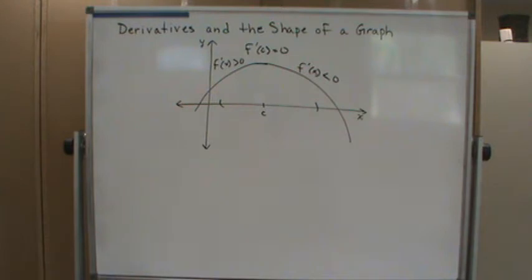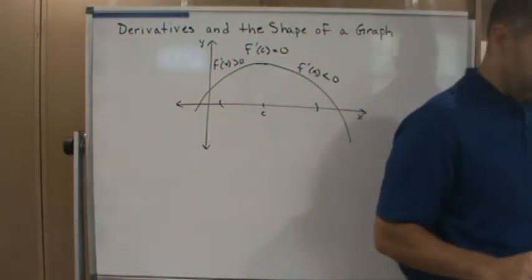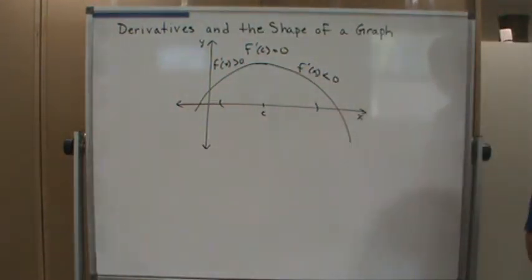So what does that mean? That means that we can conclude that for a function f that is continuous over an interval I containing C and differentiable over I except possibly at C, the only way f can switch from increasing to decreasing or vice versa is if f prime of C is equal to 0 or f prime of C is undefined.